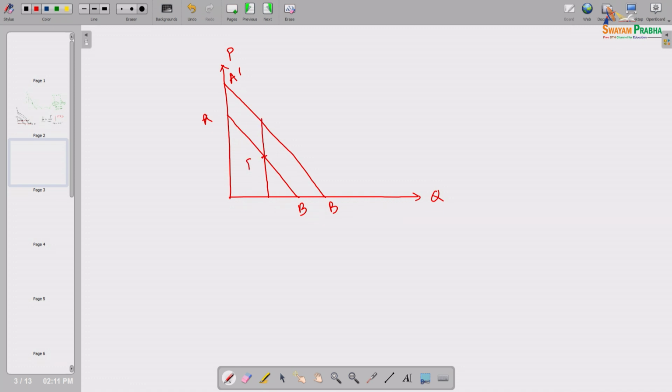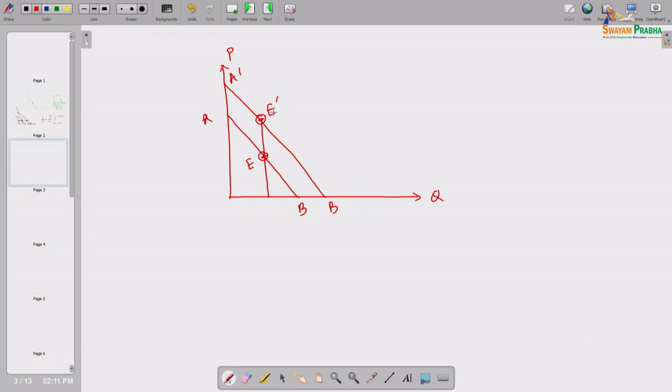Suppose this is E, this is E prime. We can easily show that elasticity at E prime point is more than elasticity at E point. Let me clarify again: elasticity of demand at E prime point, considering E prime on the demand curve A prime B prime, and in exactly the same way elasticity at E point, considering E on the demand curve AB.